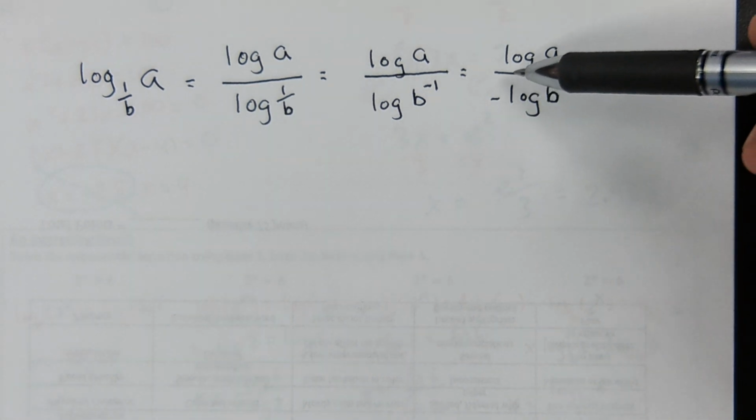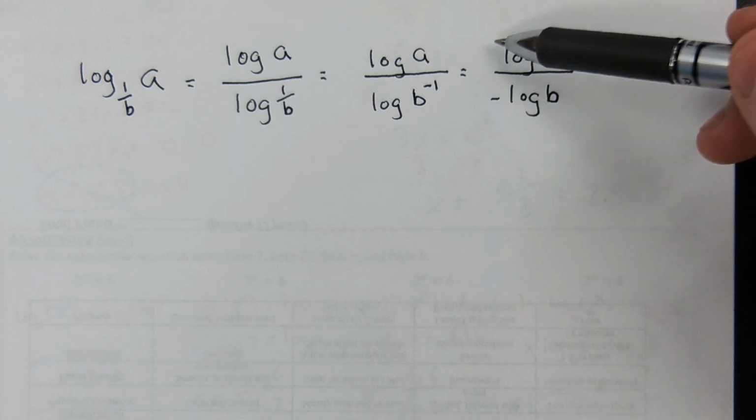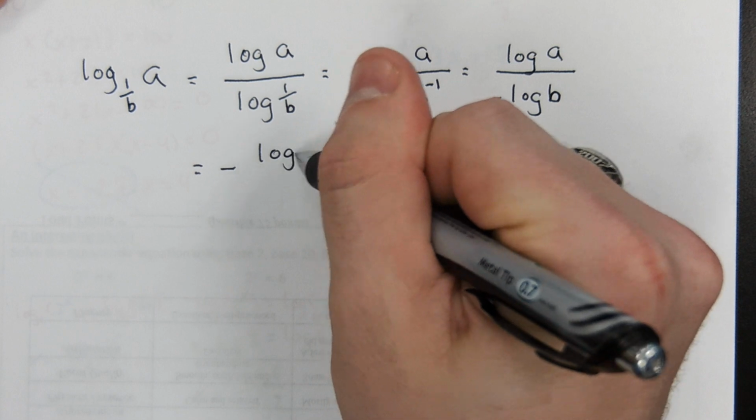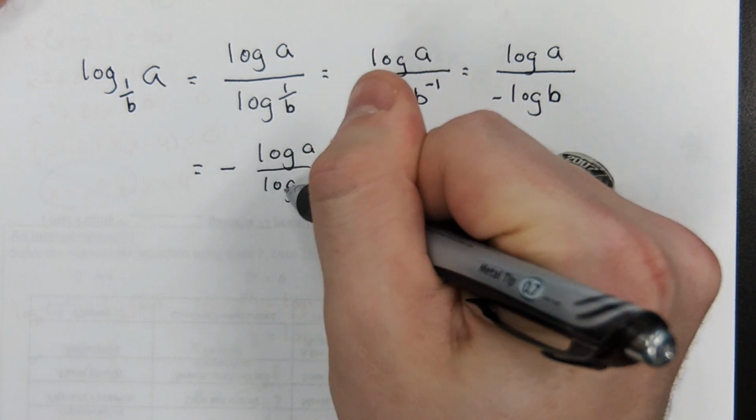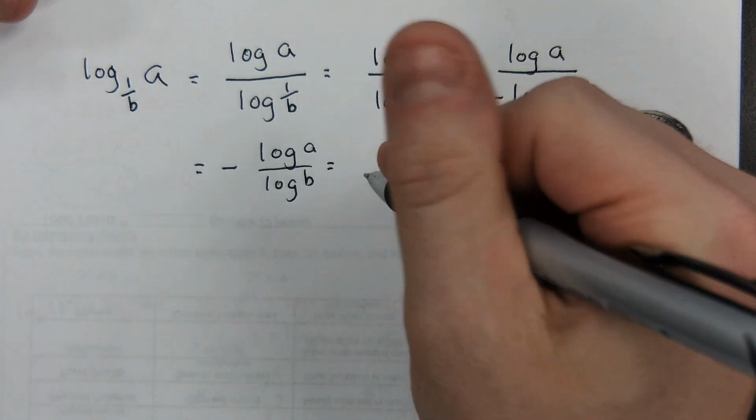But when you have a negative sign on the bottom of the fraction, it's the same as if you had the negative sign on the top of the fraction. It's the same as if you'd had the negative sign in the front of the fraction. And then you could undo the change of base. Base on bottom.